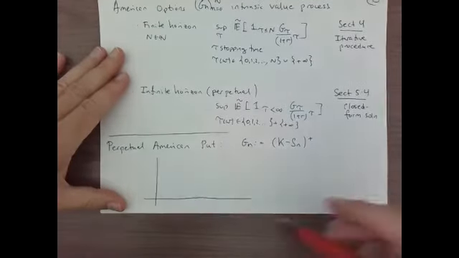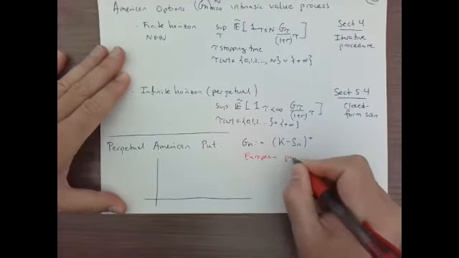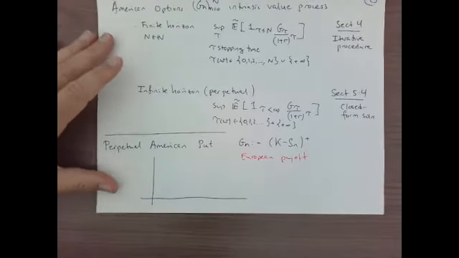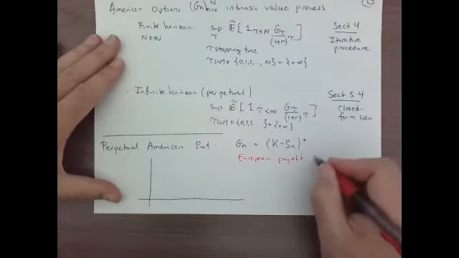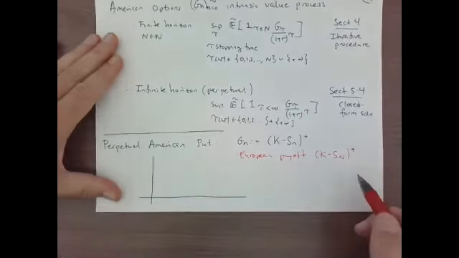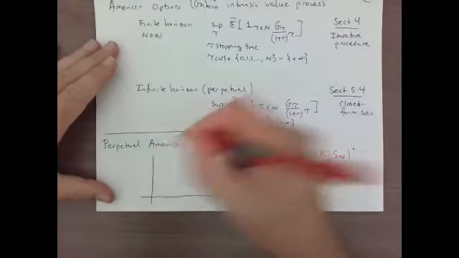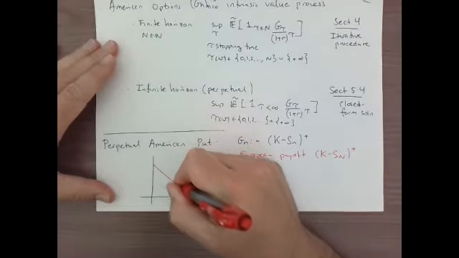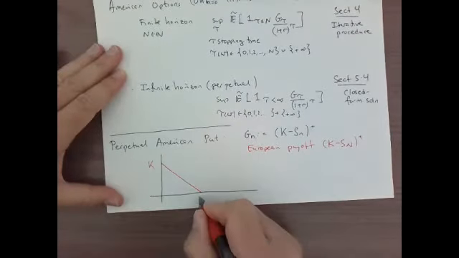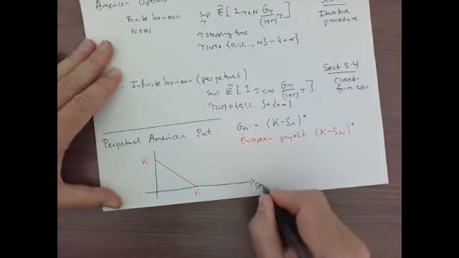Whereas if you look at the European payoff, this would be K minus Sn, positive part, where n is the expiration date. So if I draw this in my diagram over here, this is my K, and out on the x-axis, I'll have the stock price.